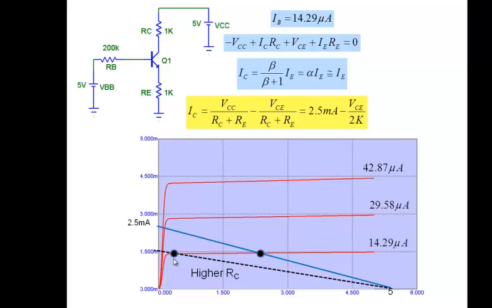My operating point goes here. If I make a smaller RC, my operating point goes here. So that's what I was telling you. As you change RC, what happens to the operating point? It moves to the left as you increase RC, and it moves to the right as you decrease RC.